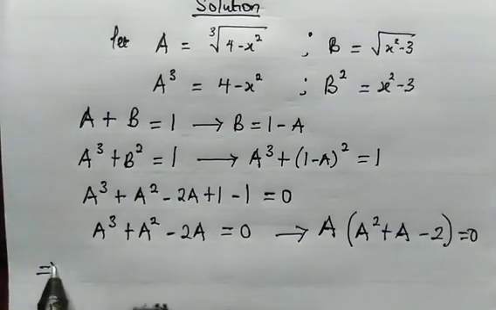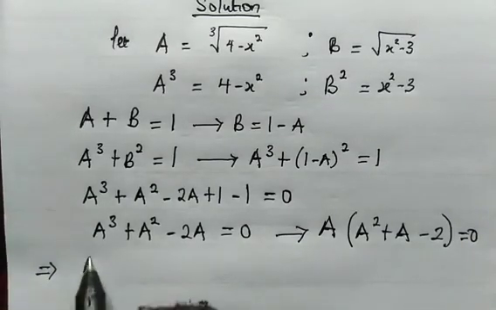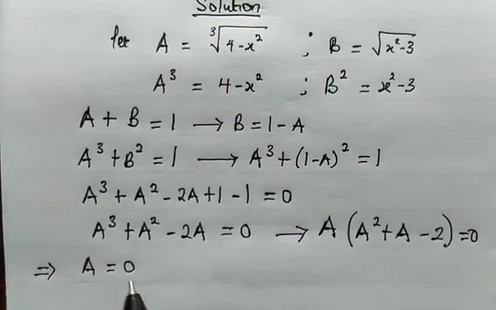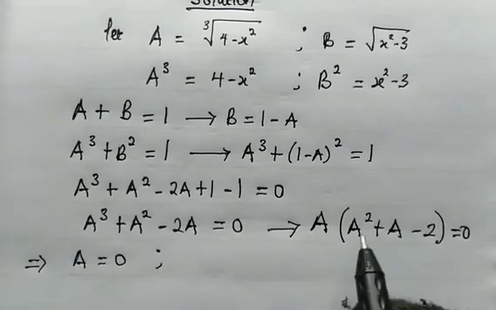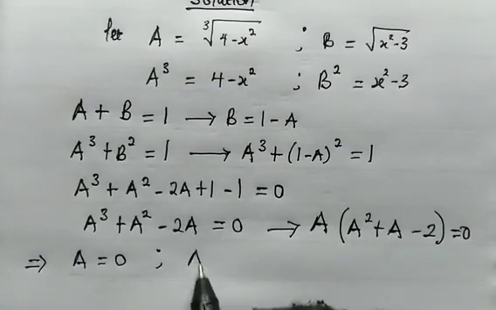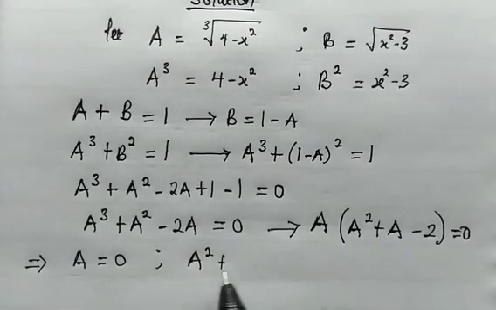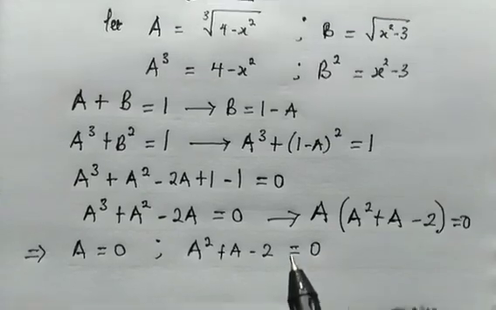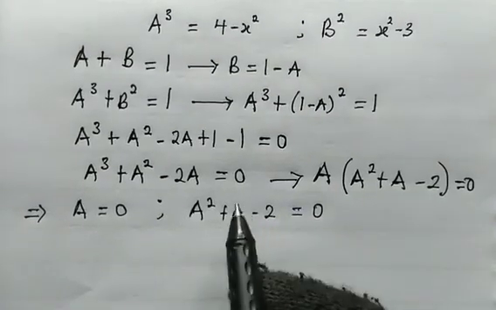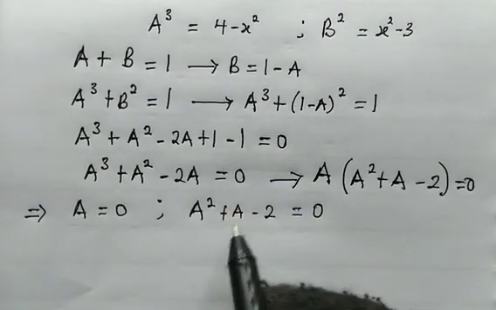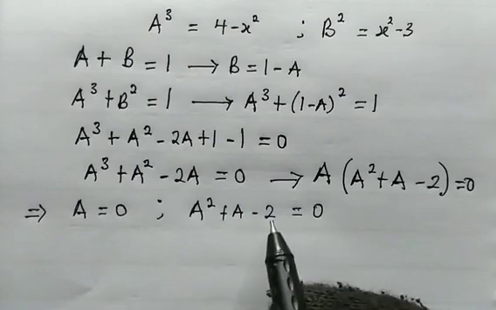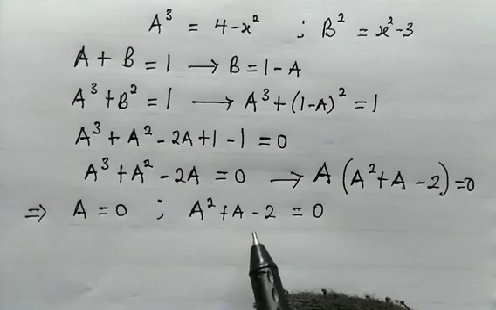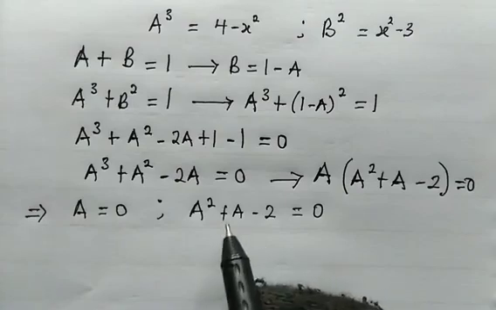From there, this implies that a equals 0, and again, the one in the bracket, which is a squared plus a minus 2 equals 0. To solve this equation, this is a quadratic equation.